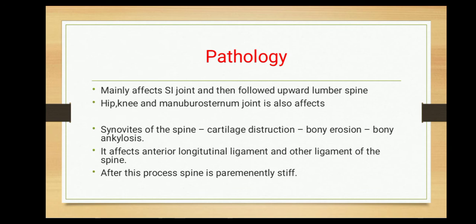It affects the ligaments also, like the anterior longitudinal ligament and other ligaments of the spine. So the ligaments will not work properly, the movement of the spine will be restricted, and later permanent stiffness of the spine is seen in this disease.